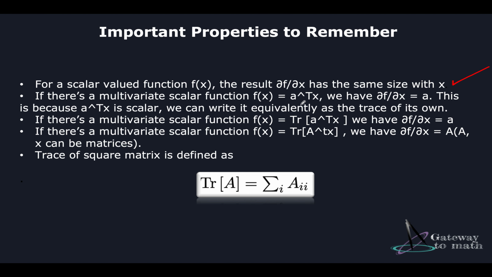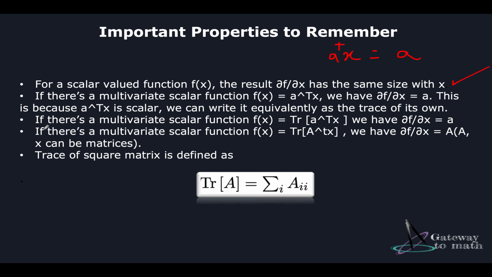This is a very important point, that transpose of a times x, if you're finding the partial derivative of this function with respect to x, you get a in the output. It's because when you multiply the two, you get a scalar value.